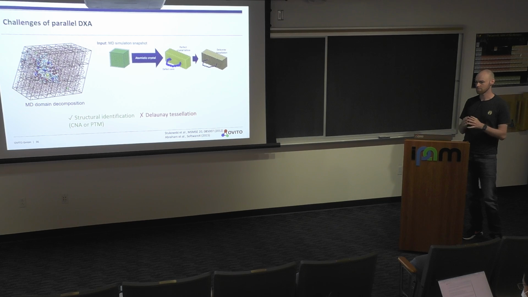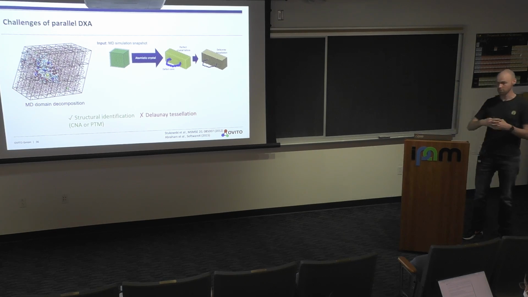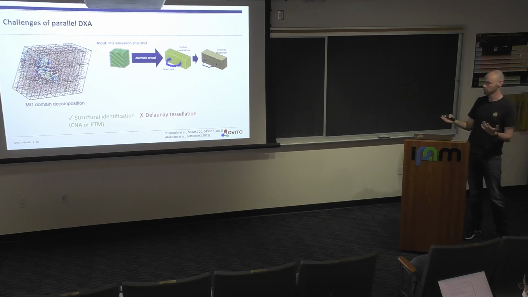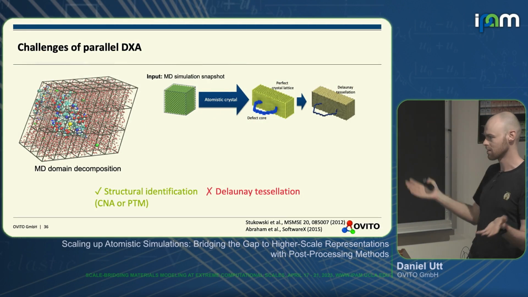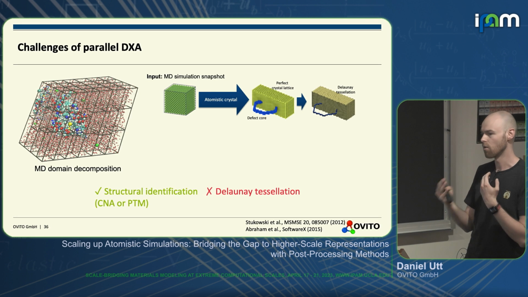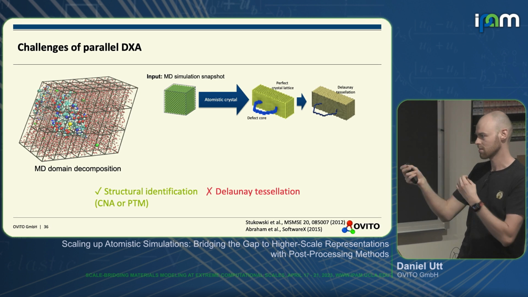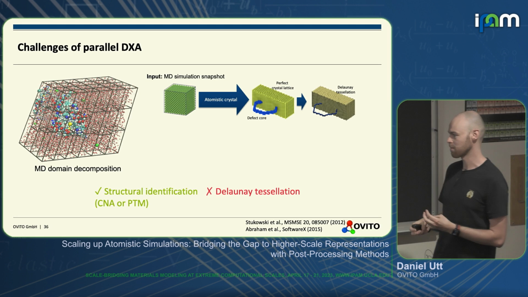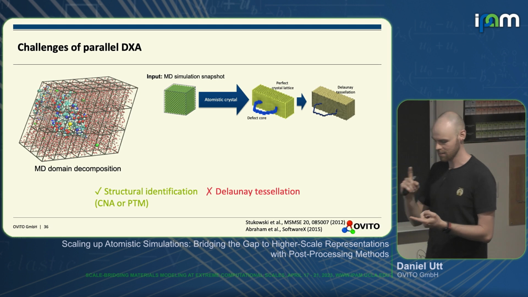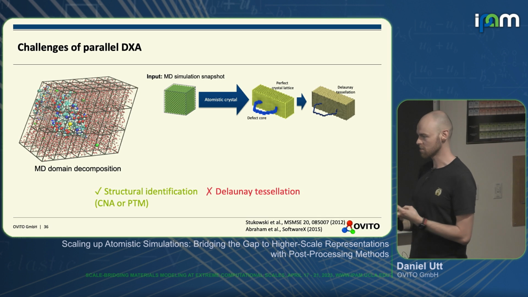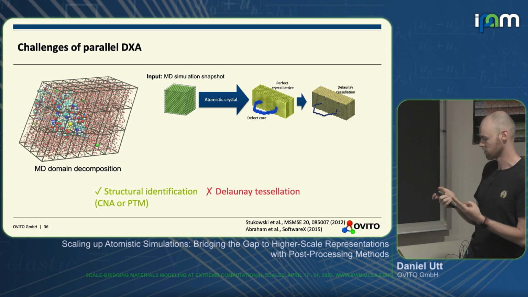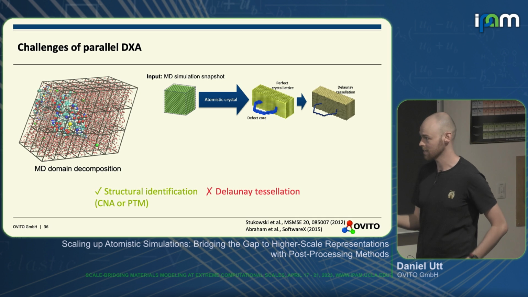To be consistent and correct throughout the whole sample, this tessellation needs to know more than just the atoms in a domain, but also a much larger surrounding area. Or you need to know which atoms you actually communicate. This is currently very easily done on one processor, on a shared memory system, but on distributed memory it is already quite difficult, and we'll talk a little bit about it in a second.